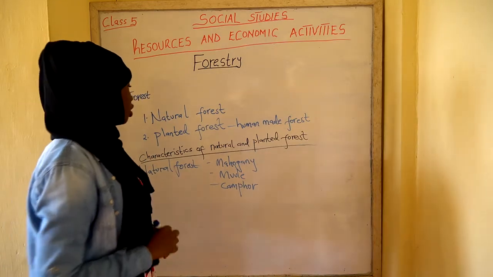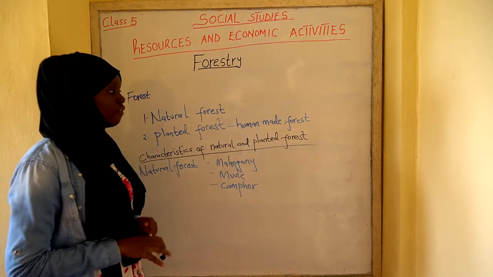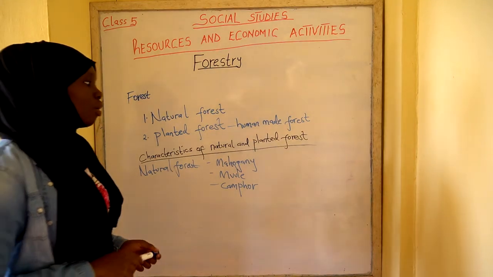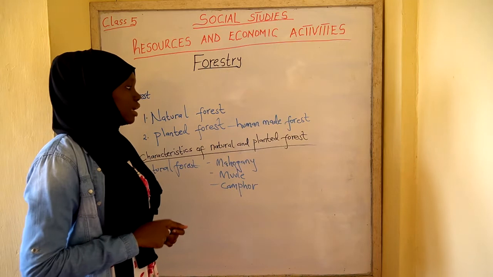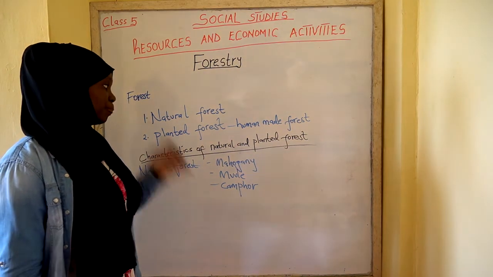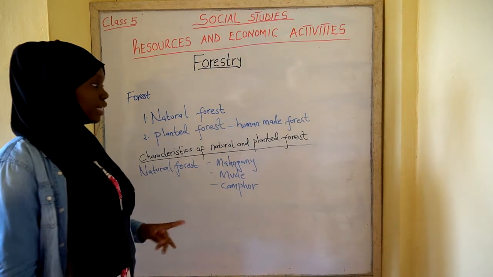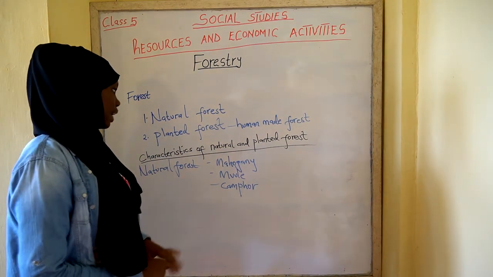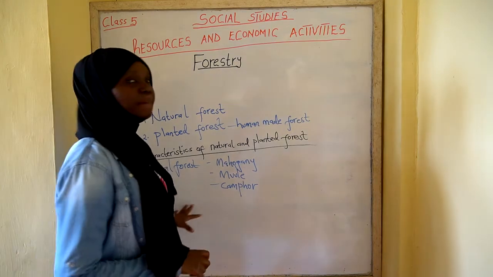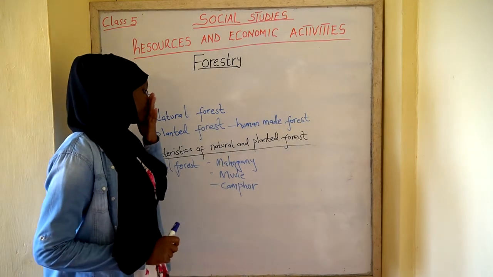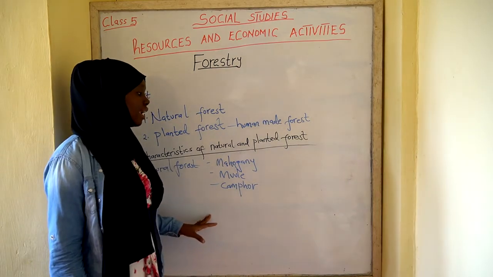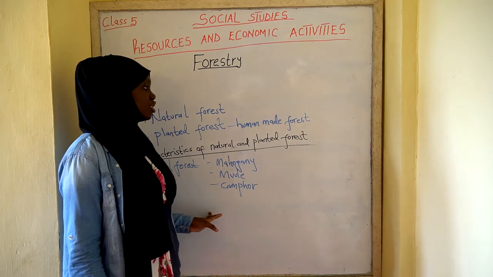We are also going to look at the characteristics of planted forest. In planted forest, only one type of tree is planted. Since they are planted by human beings, a person can choose to plant only one type of tree. The second point is that in planted forest, trees mature faster unlike in natural forest.